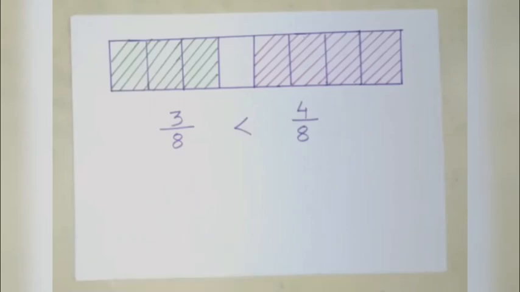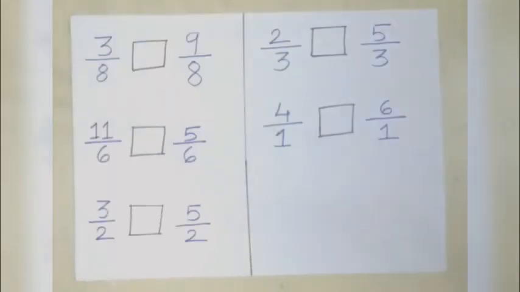So this fraction is the smaller fraction. Children, we will see few examples. Here your question is 3 upon 8 and 9 upon 8. We will compare like fractions.